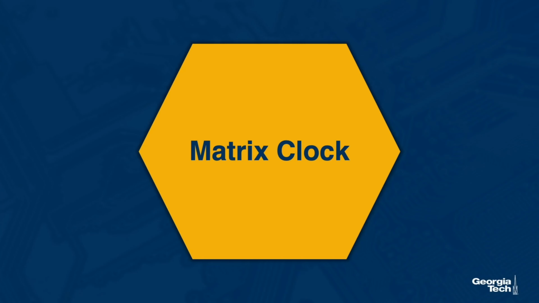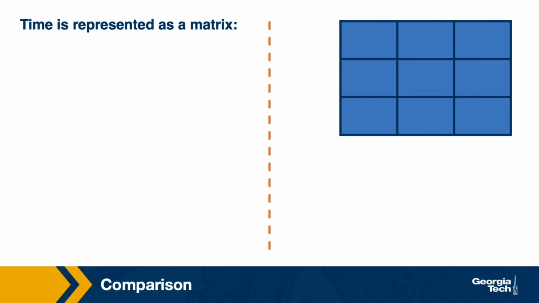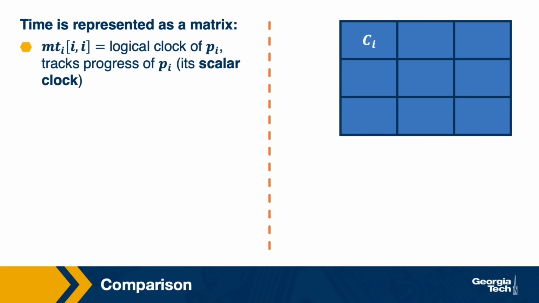We can extend the ideas captured in the vector clocks and introduce matrix clocks. As the name suggests, the clock is now a matrix of n rows and columns. For a process i, the element in the position i,i of its matrix clock corresponds to that process's scalar clock. So for instance, the element in the position 1,1 is the scalar clock of process P1.